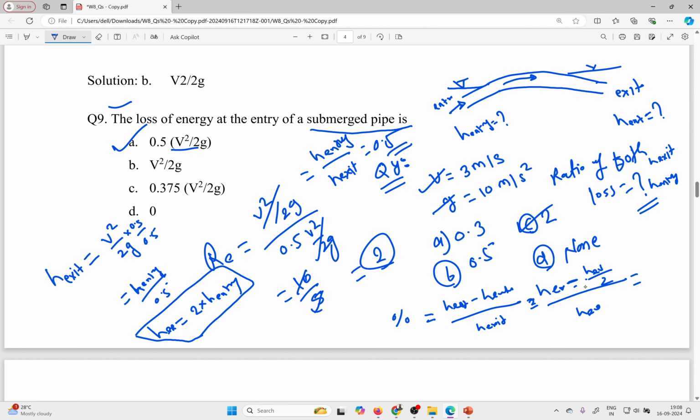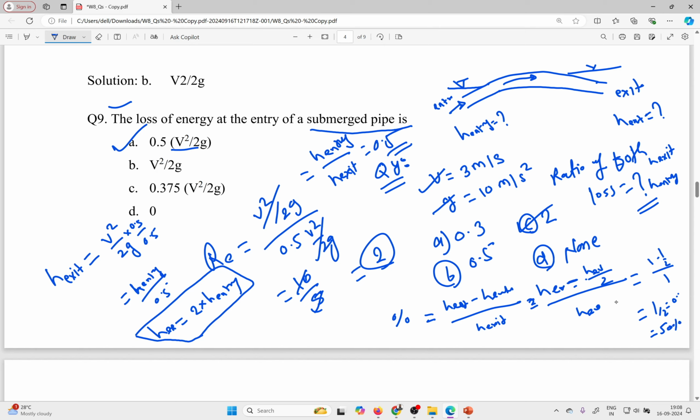So now you can calculate. That is 1 minus half, divided by exit, will be cancelled out. So that is half, meaning 0.5. If you multiply, that will be 50%.